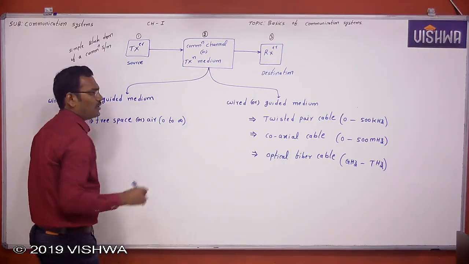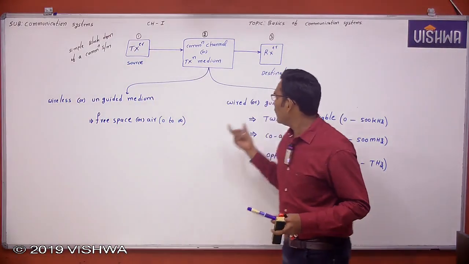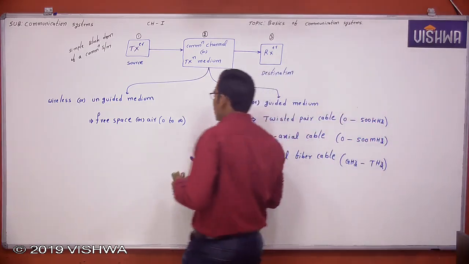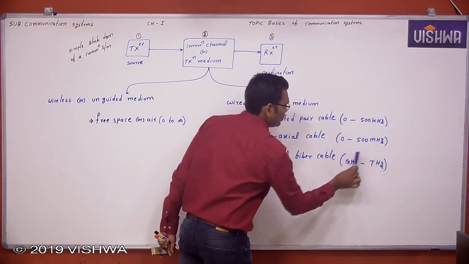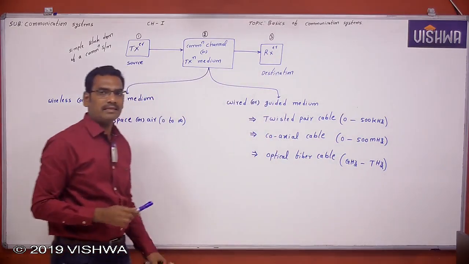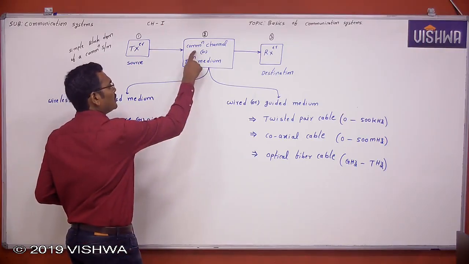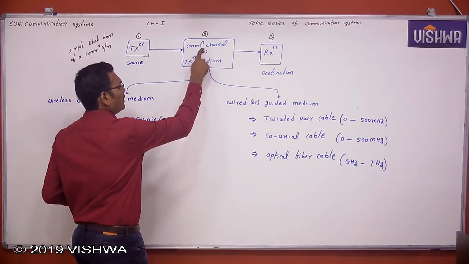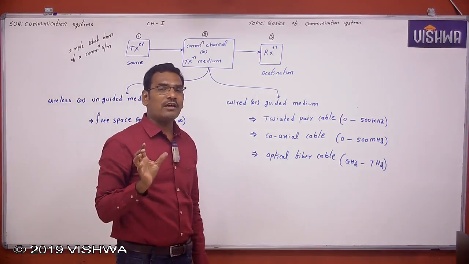What are all these things? See here, these are also frequency ranges, but these are the frequency ranges occupied by the channel, the frequency ranges occupied by the medium. This is called channel bandwidth.